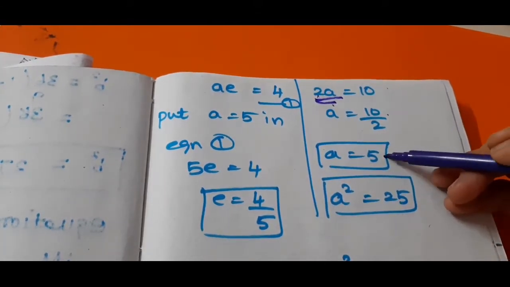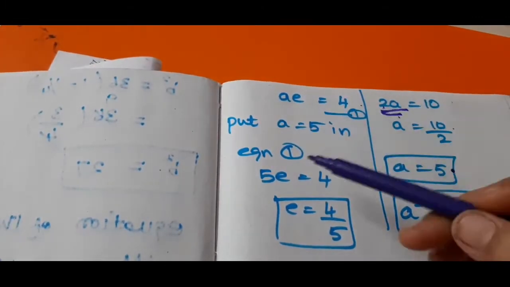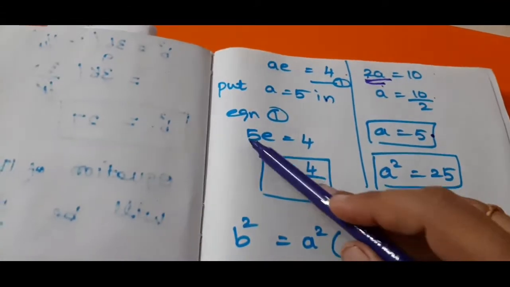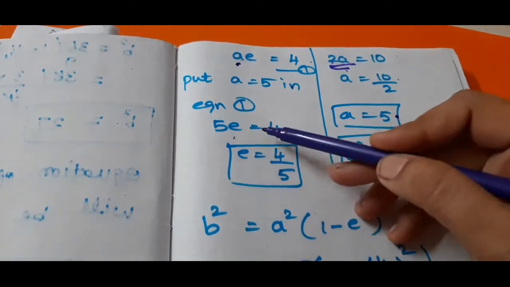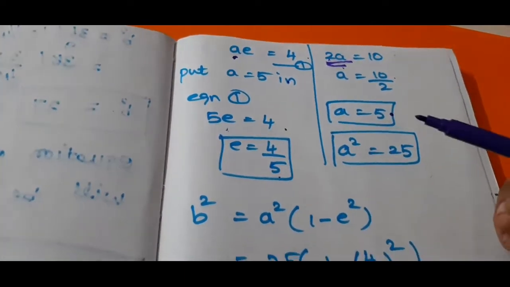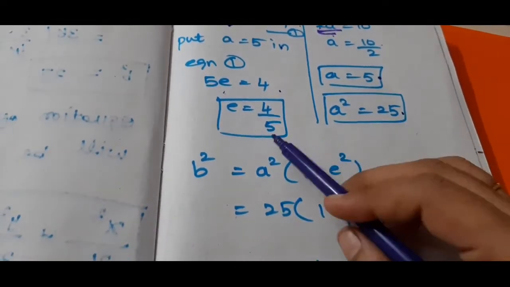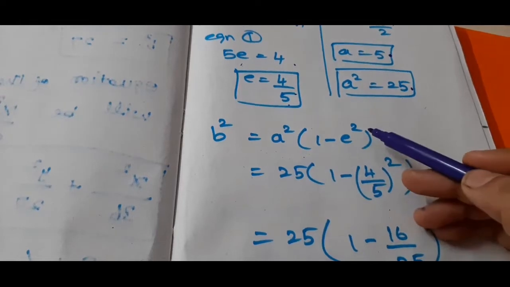So I want to substitute a is equal to 5 in this: ae is equal to 4. This is the first equation I am taking. a is equal to 5 means 5e is equal to 4, so e is equal to 4 by 5. So a square answer I have, e square answer I have. So b square is equal to a square into 1 minus e square.